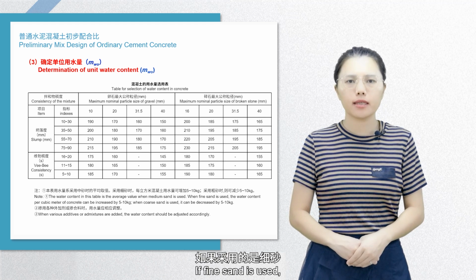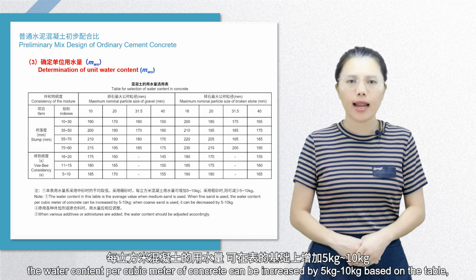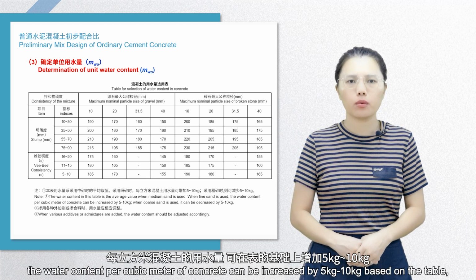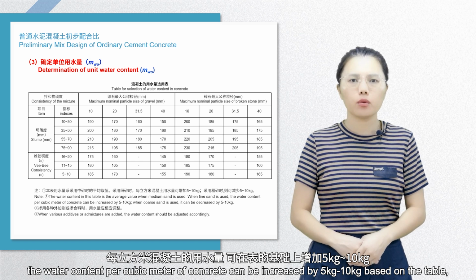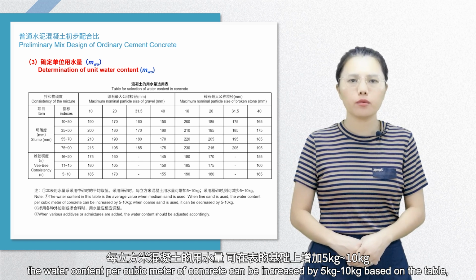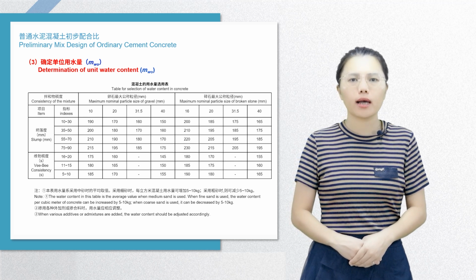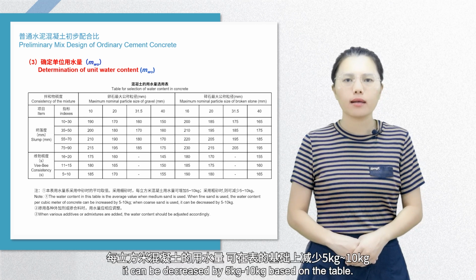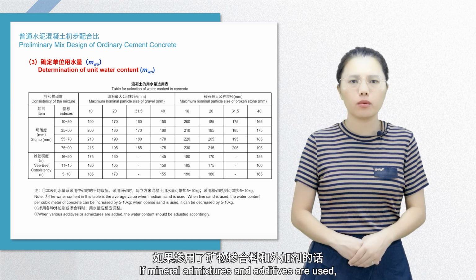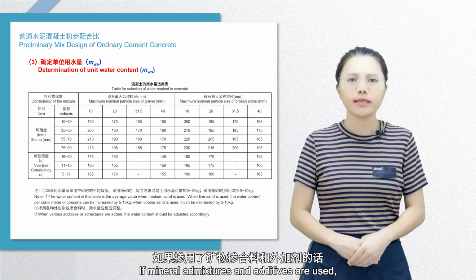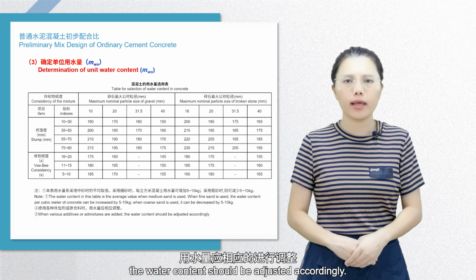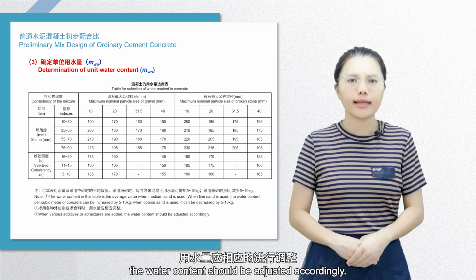If fine sand is used, the water content per cubic meter of concrete can be increased by 5 kilograms to 10 kilograms based on the table. And if coarse sand is used, it can be decreased by 5 kilograms to 10 kilograms based on the table. If mineral admixtures and additives are used, the water content should be adjusted accordingly.